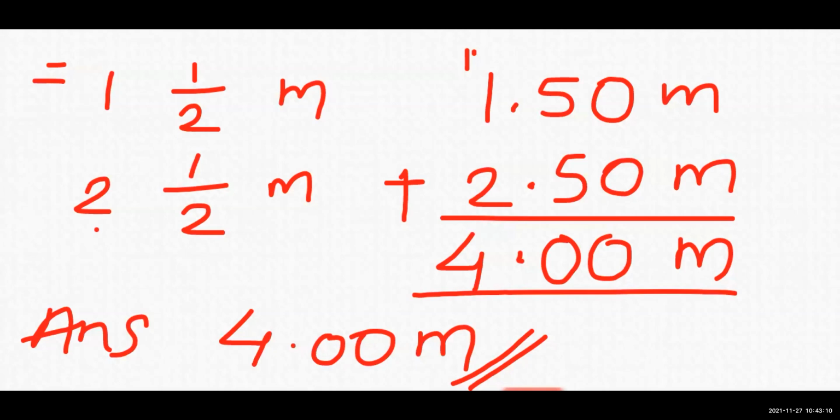Now 1.5 means 1.50 meter, then 2.5 means 2.50 meter. See, write numbers under numbers, not here and there. Number under number, point under point. Then add. After adding, you are getting the answer as 4.00 meter. Is it clear?